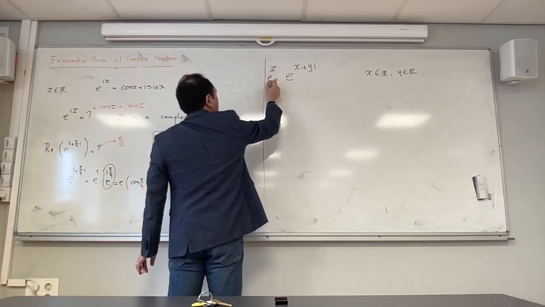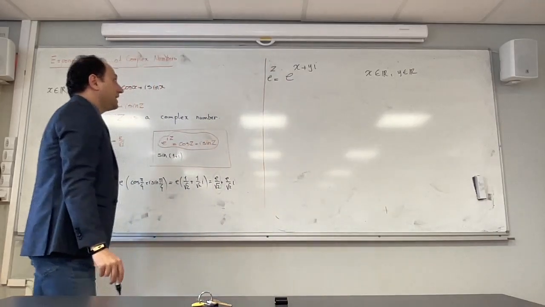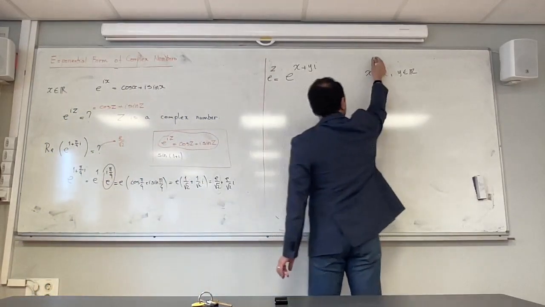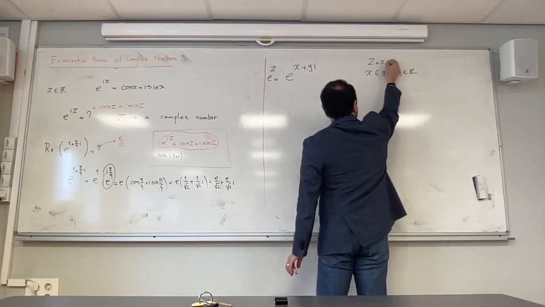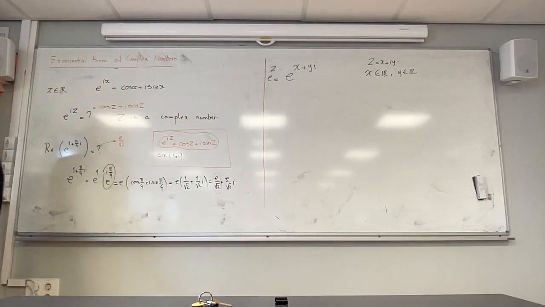I want you to tell me how I should interpret a complex exponential function. So z is equal to x plus iy. This is not hard. You can immediately do that.